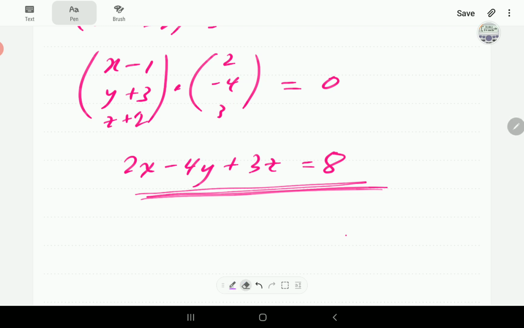For instance, you can see that if we choose y to be 0, z to be 0, then x is going to be 4. So that tells us that one of the points on this plane is (4, 0, 0).